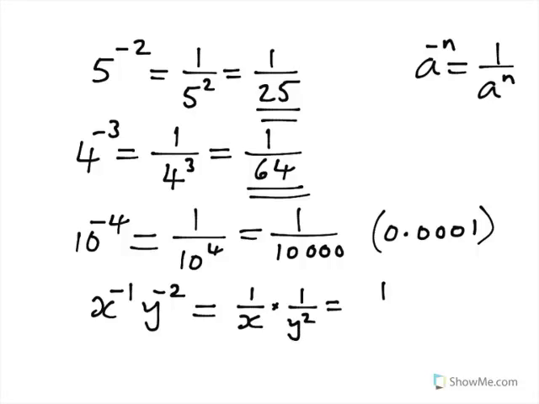And 1 times 1 is 1, x times y squared is xy squared. The reason why we need to write that sometimes is for substitution of numbers for letters. And when you come to do calculus later on, you'd need to go the other way around. So you'd need to be able to write 1 over x squared as x to the negative 2. Okay?